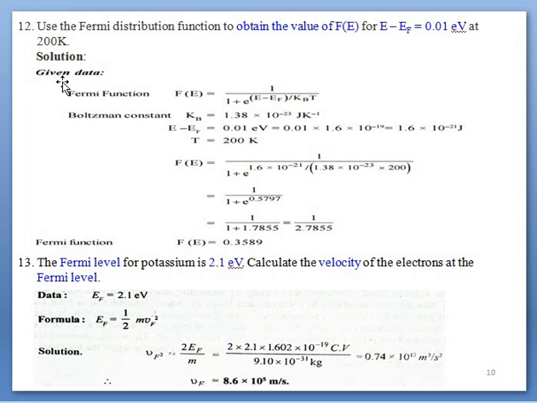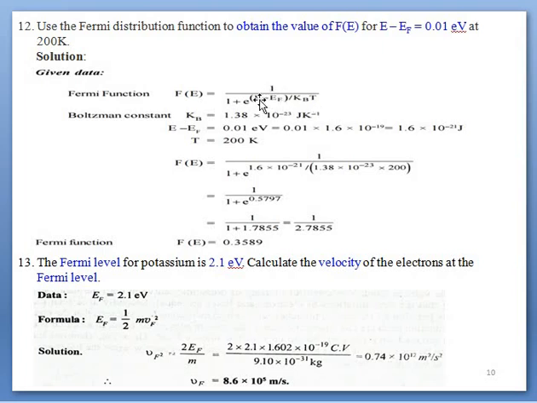In the next numerical, use the Fermi distribution function to obtain Fe. The difference is given in electron volt. So we follow the same equation used in the previous numerical. The difference is given in electron volt, but we know that the Boltzmann constant is expressed in joule per Kelvin.